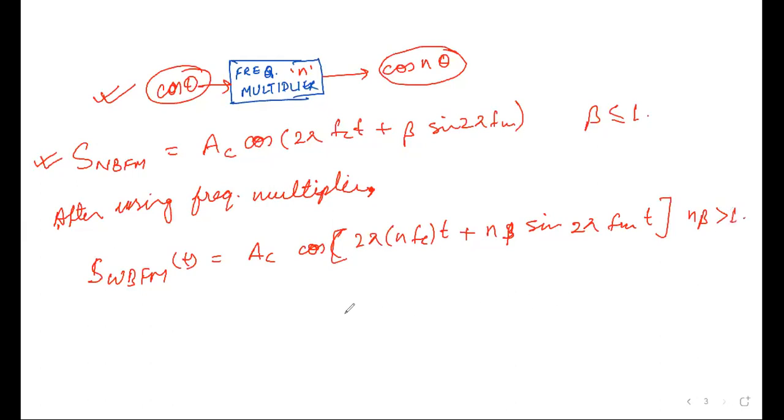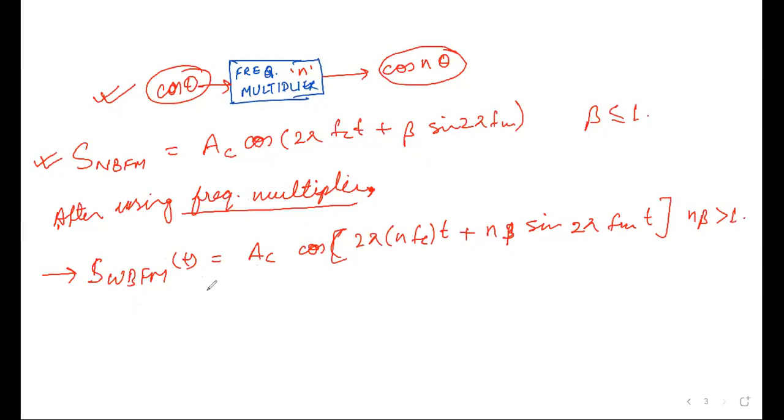So this is the signal which we have found after the frequency multiplier. Okay, so when we use a frequency multiplier, what is the output we are getting?